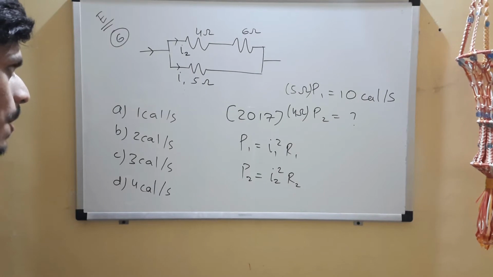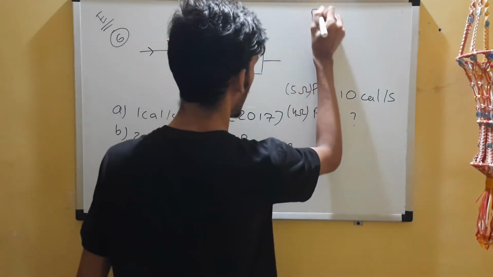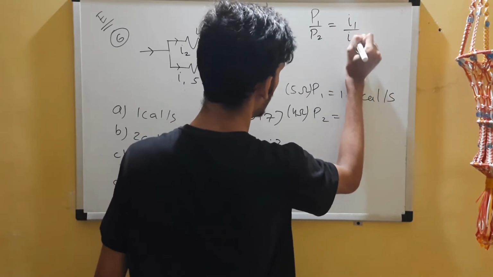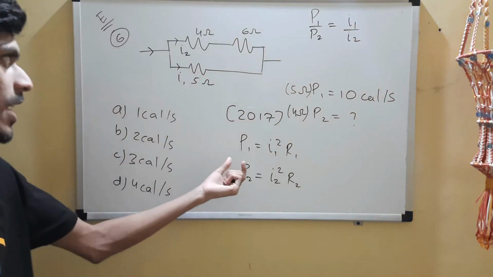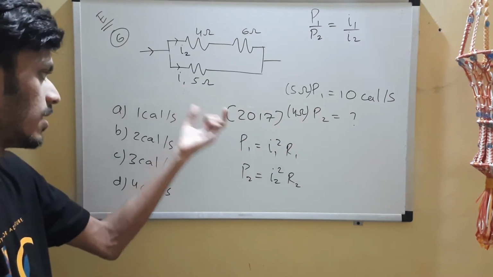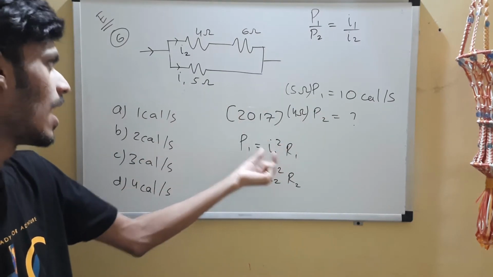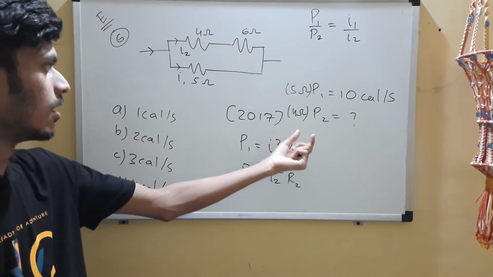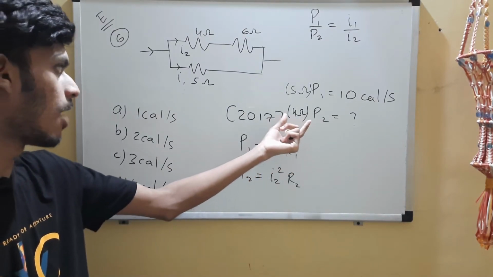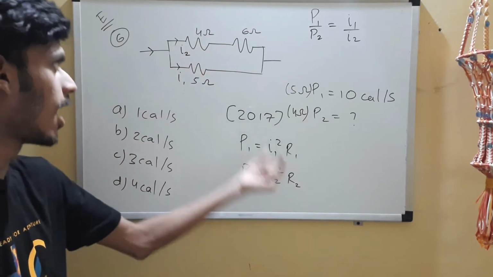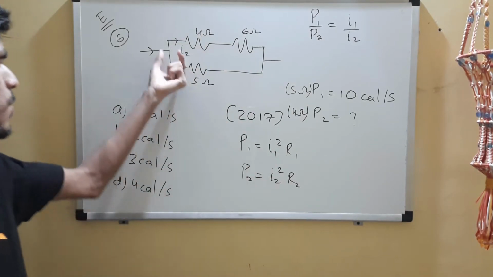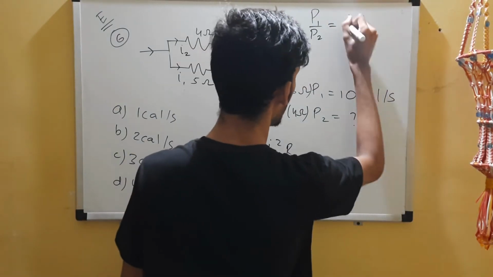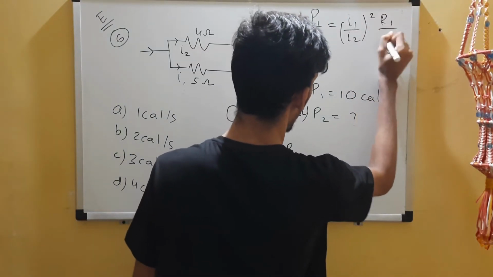Now we will take the ratio, and P1 by P2 will be I1 by I2 the whole square into R1 by R2. Here P1 represents power dissipated across the 5 ohm resistance, R1 is 5 ohm, and I1 is the current passing through it. P2 represents power dissipated across the 4 ohm resistance, R2 is 4 ohms, and I2 is the current passing through it.